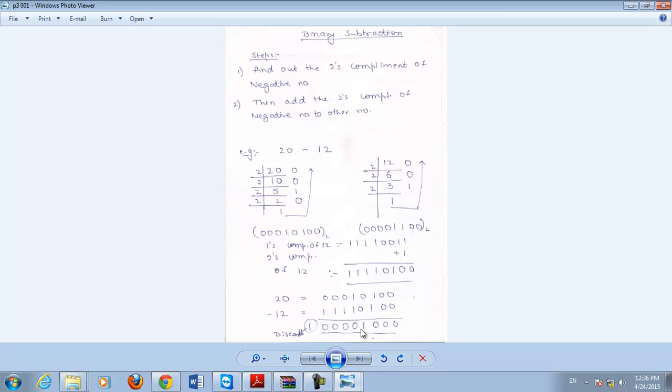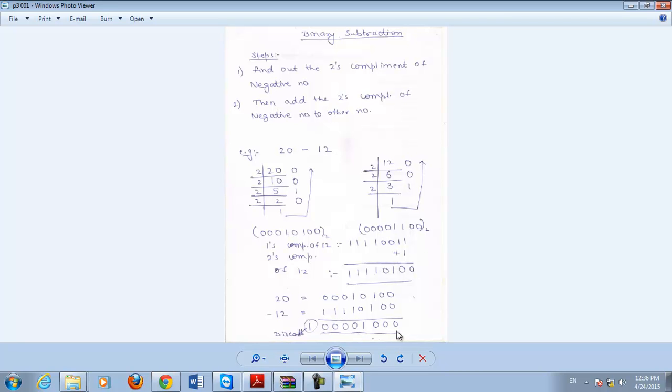Now the answer is four 0s, then 1000. If you want to check the accuracy of the calculation, then you can check it by simply converting 8 to binary, because 20 minus 12 is equal to 8, and if you convert 8 into binary, then the answer will be 1, then three 0s.